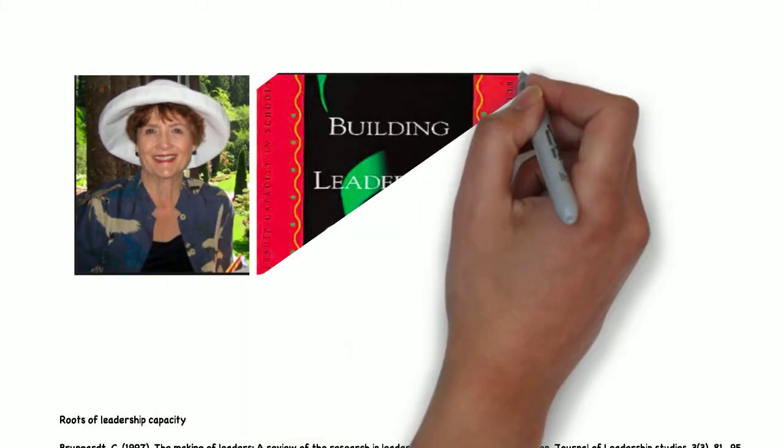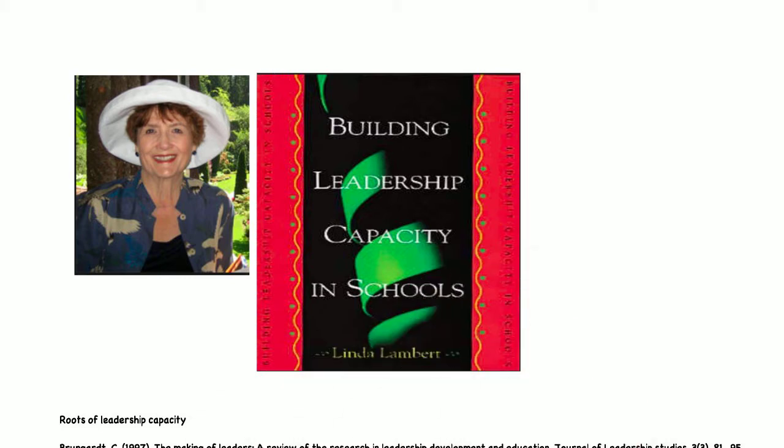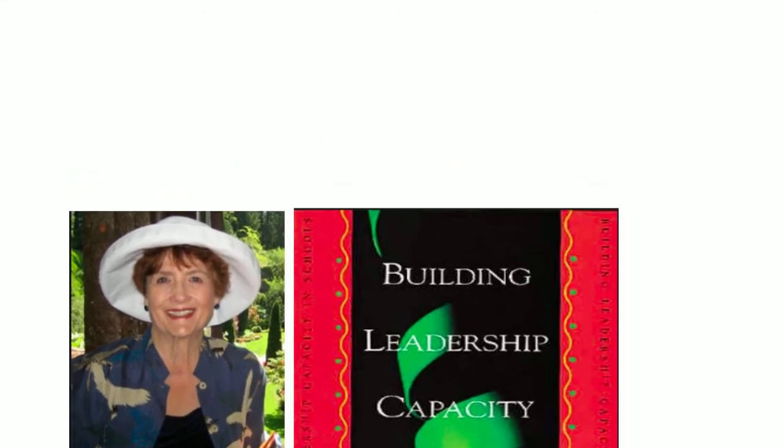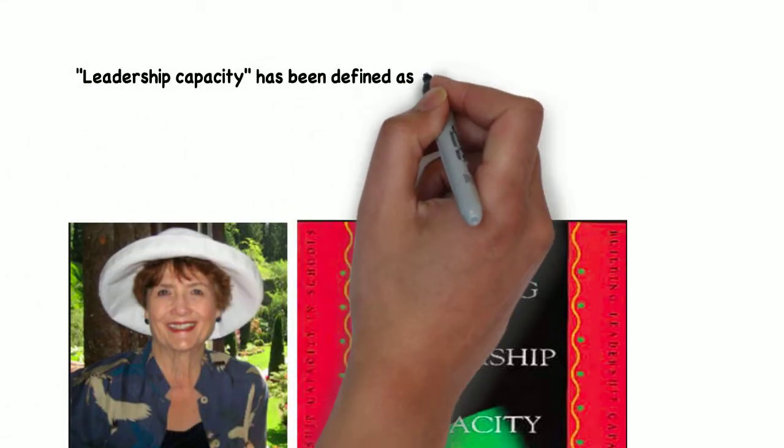This week's reading really is a focus on the work of Linda Lambert, particularly her book Building Leadership Capacity in Schools, that was published by the Association for Supervision and Curriculum Development in the United States of America. That's the ASCD.